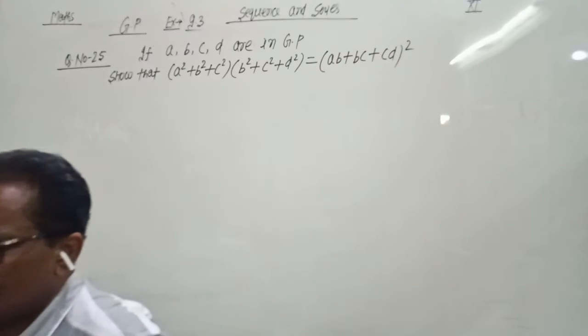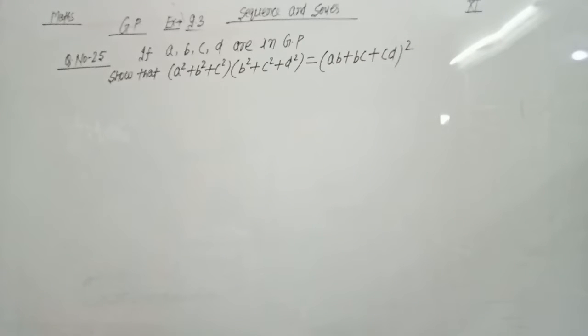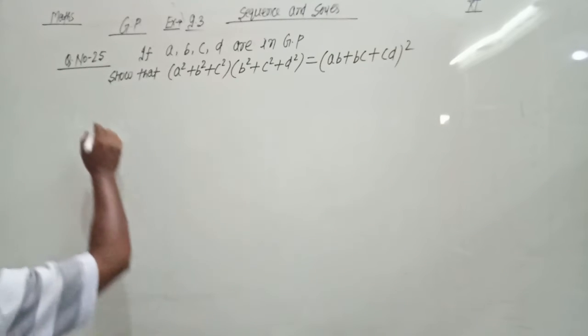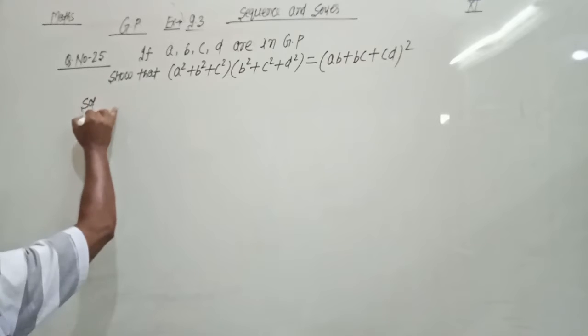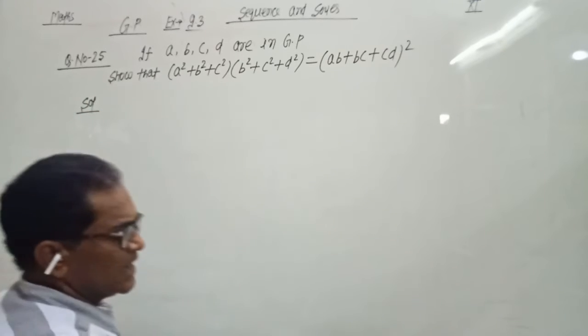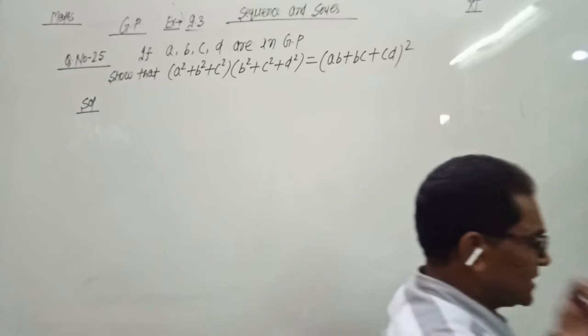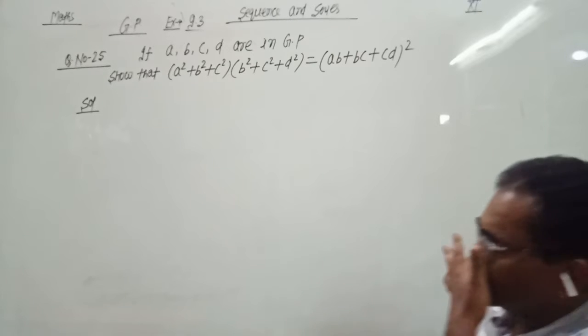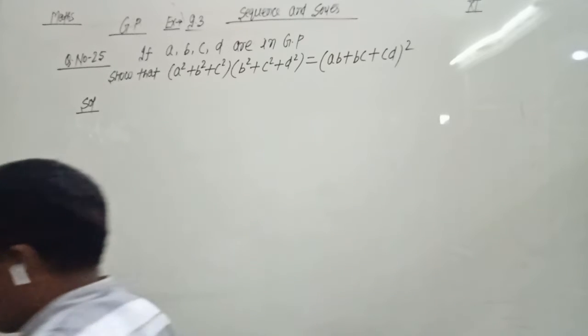So in this question we have given that there are four terms A, B, C, D, and these four terms are in GP. Then we have to show that A square plus B square plus C square multiplied by B square plus C square plus D square is equals to (AB plus BC plus CD) the whole square.